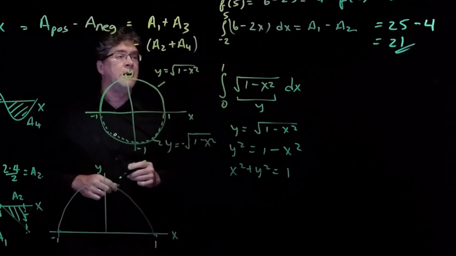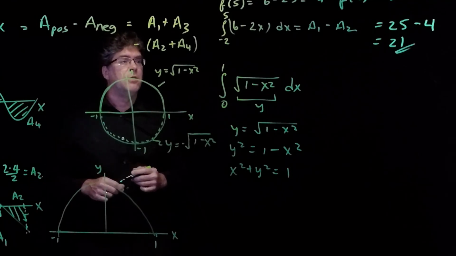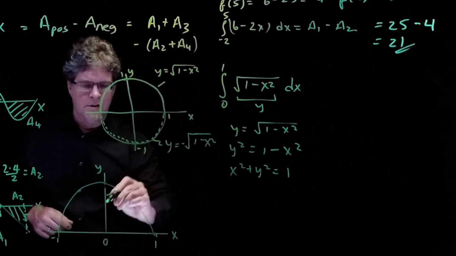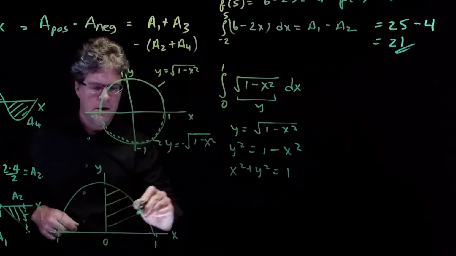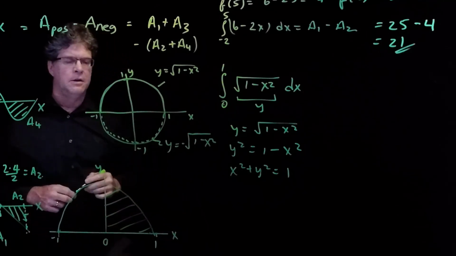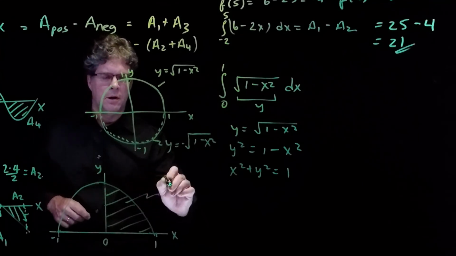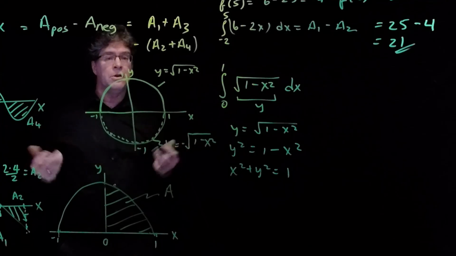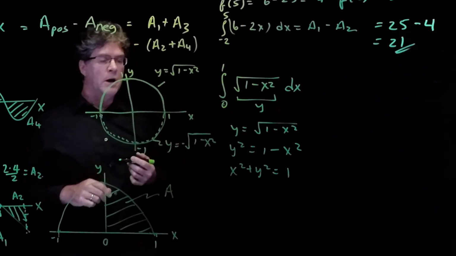And the question asks us to take the definite integral between 0 and 1. And so the area that we're interested in is exactly this area here, shown there. And so we know the area of a circle is going to be pi r squared.